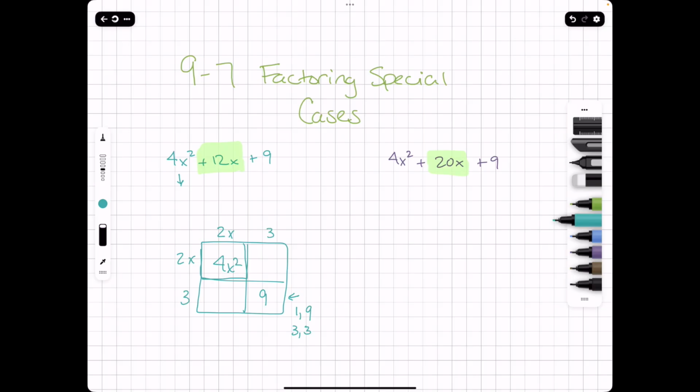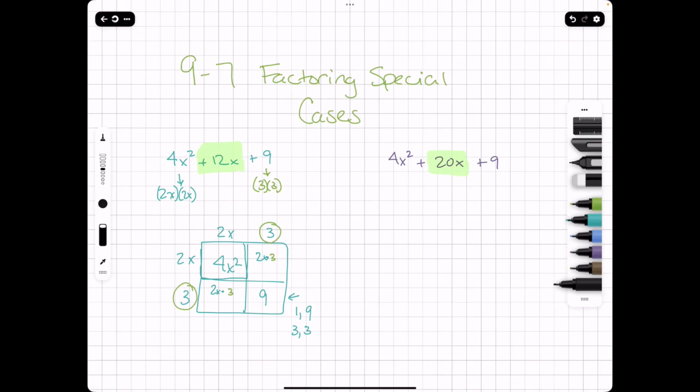If I do that, looking at the top part, more of a horizontal method of looking, I have 2x and 2x as my factors. And if I change color slightly for the 9, that would be 3 and 3. So that's where this 3 and this 3 are. The cool part is, here's my 3 and here's my 3, and here's my 2x and 2x.